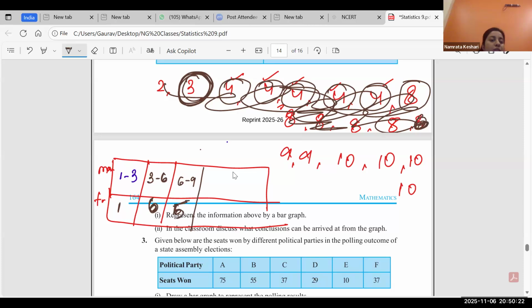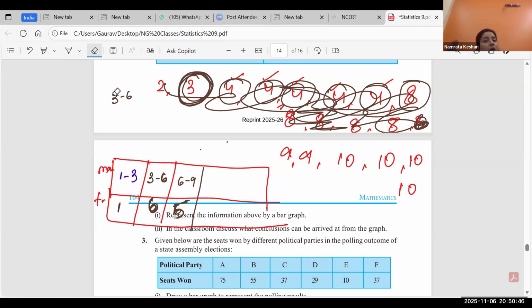Now you can see the maximum data is coming from which class interval? 3 to 6, right? Yes, ma'am. And which data is repeating itself maximum number of times? If you don't have any information regarding this raw data, and you don't know how exactly the students have achieved the marks, here I have written it by comma, comma.